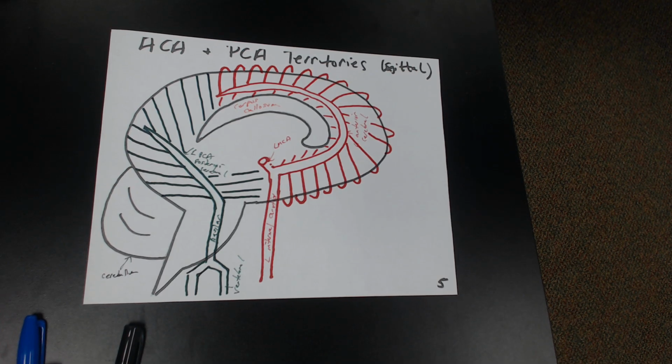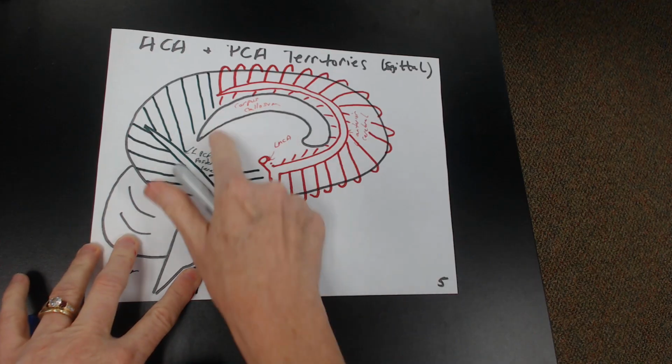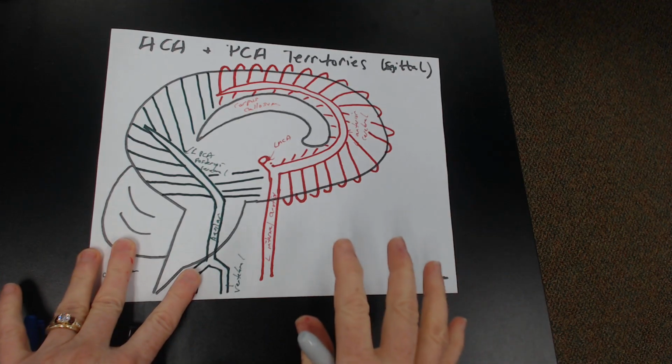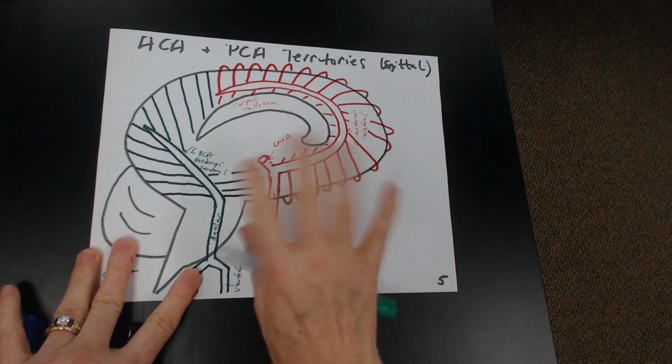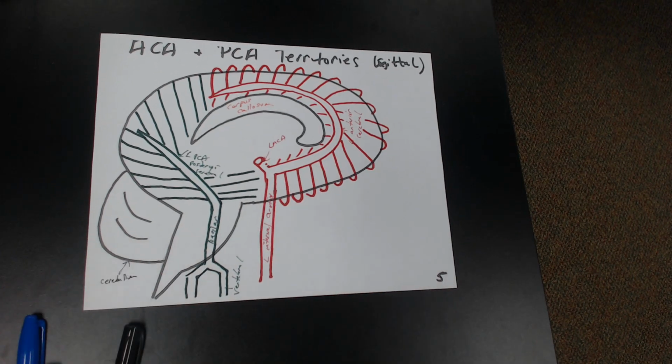Okay, so the medial surface of the brain, the majority is supplied by the anterior cerebral artery. All the back is supplied by the posterior cerebral artery. There are things in the middle here that we talked about with the thalamus and the basal ganglia. As a PT, you don't have to worry about that, but it's kind of a mixture, mostly MCA. That's not important for what we need to talk about now. This is what you need to know: PCA supplies all occipital.